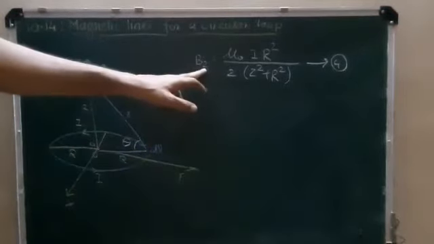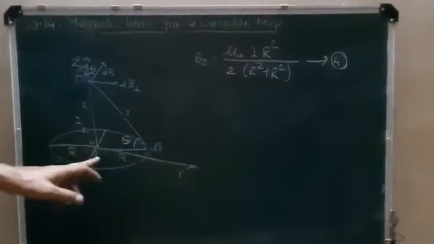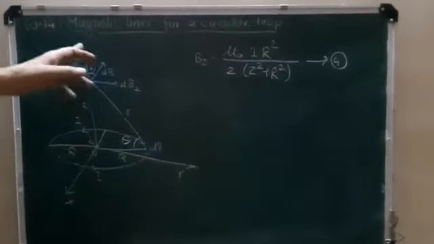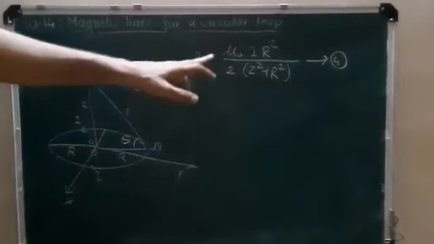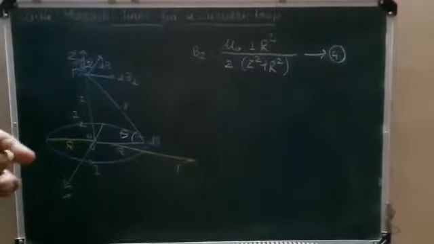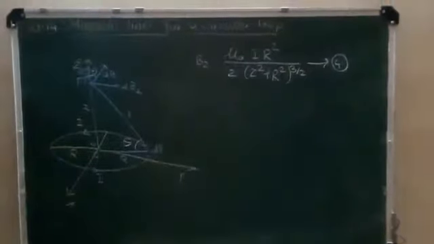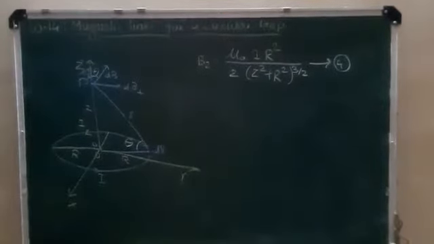Then the magnetic field of induction Bz along this central axis, the z axis, is mu 0 I r square divided by 2 into (z square plus r square) raised to 3 by 2. This we discussed in a previous topic.